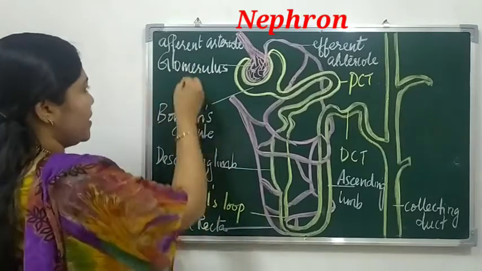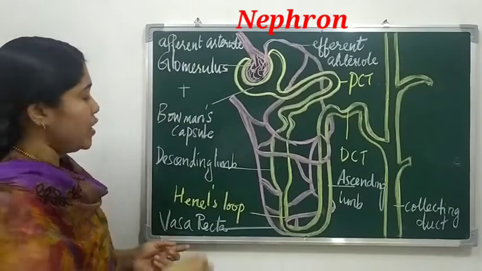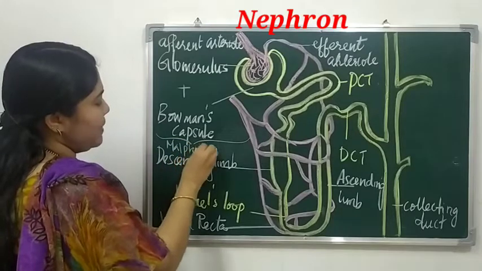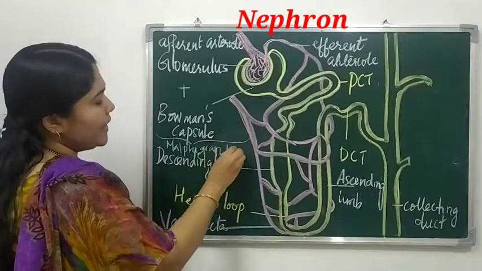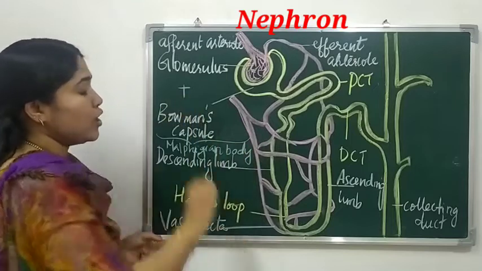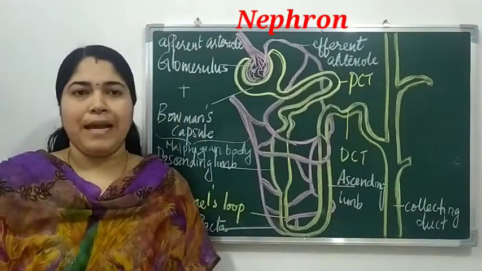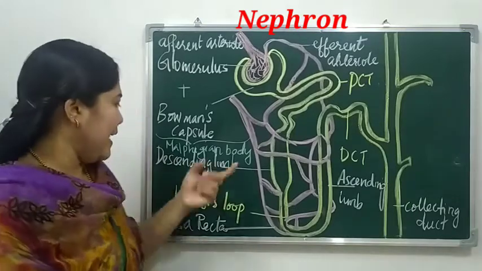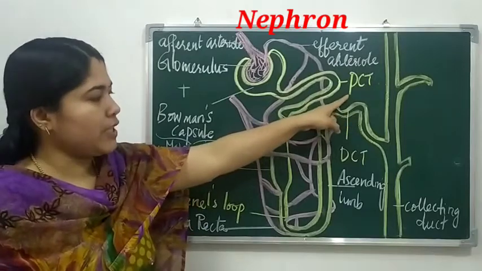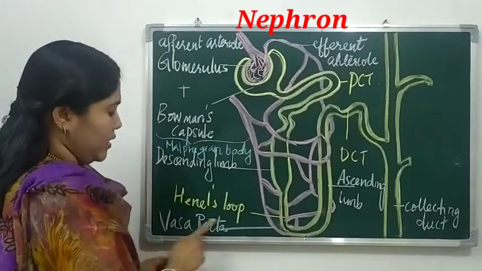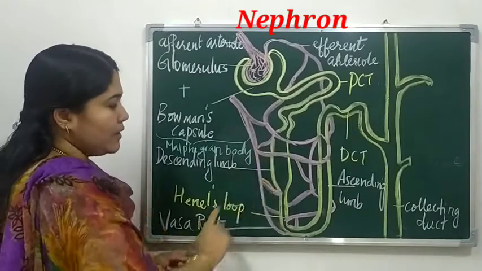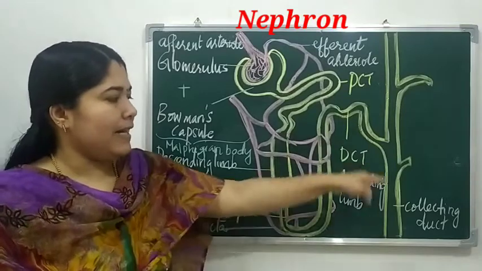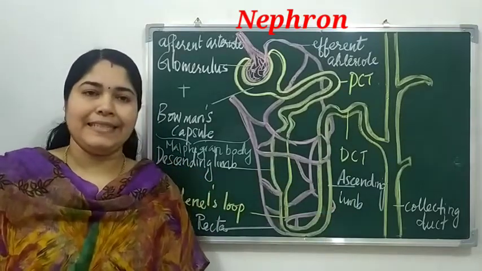Together, the glomerulus and the Bowman's capsule are called the Malpighian body, or renal corpuscle. Both are the same. Then we have the proximal convoluted tubule, distal convoluted tubule, and loop of Henle with its descending limb and ascending limb, which ultimately lead into the collecting duct.